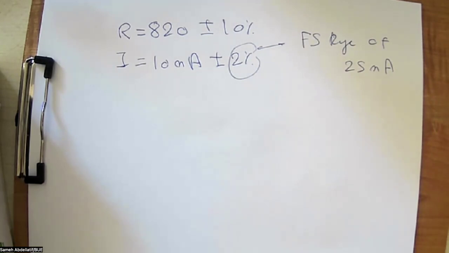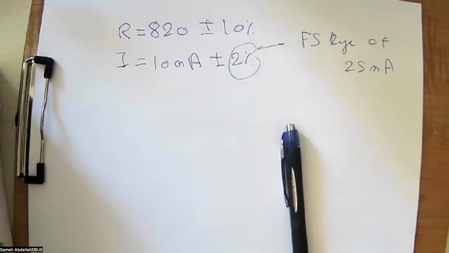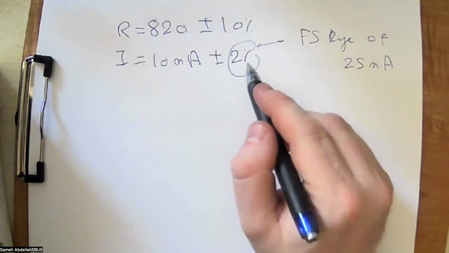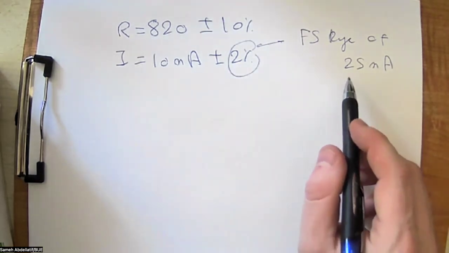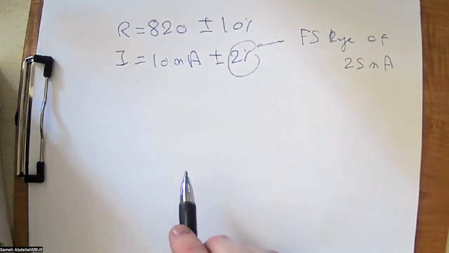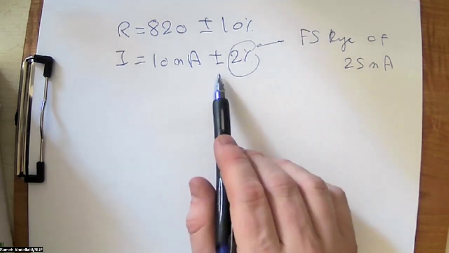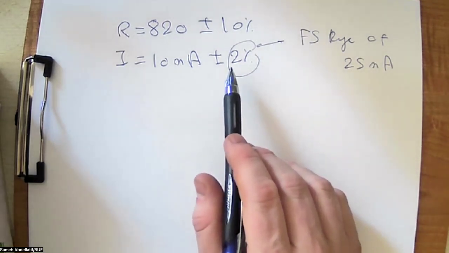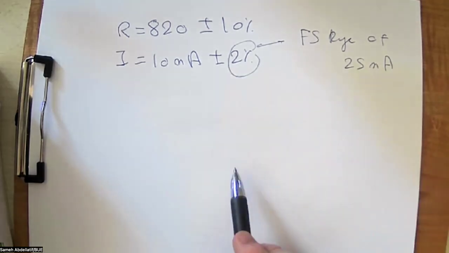So what is different between having a full scale range error and a relative error? Let's try to understand this point together. The main point here is that we are going to consider this 2% of the 25 milliampere, not of the 10 milliampere. So in order to solve this, let's first return the error of the current into an absolute error.